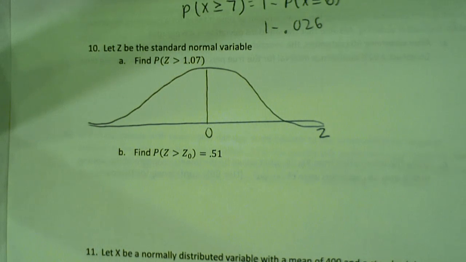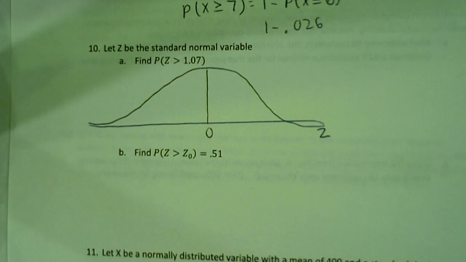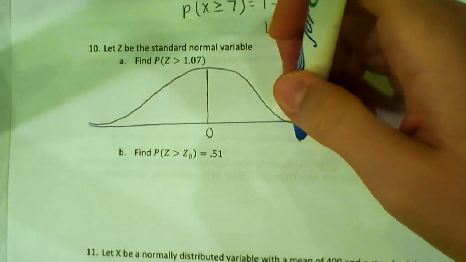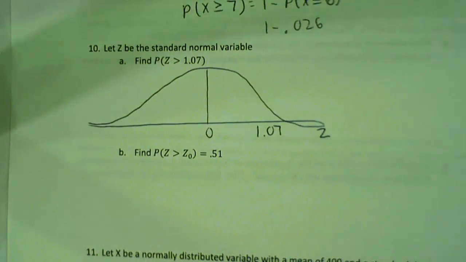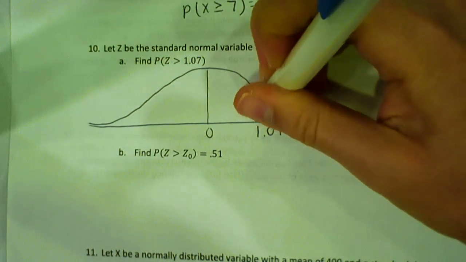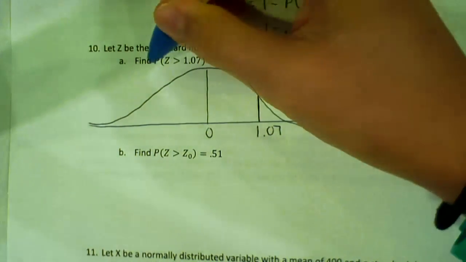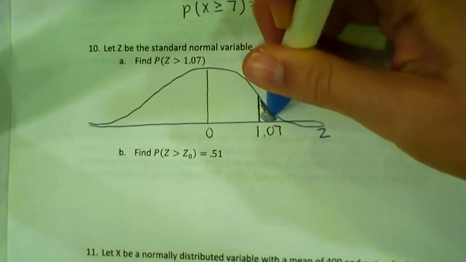So what's the probability that the z-score is greater than 1.07? So let's see, let's put 1.07 right here, right? We want to find the probability of over here, everything that's greater than that.